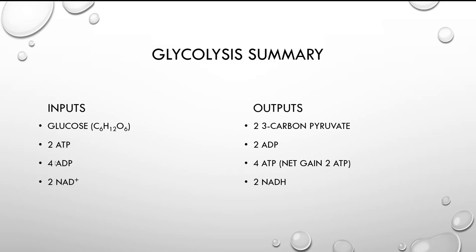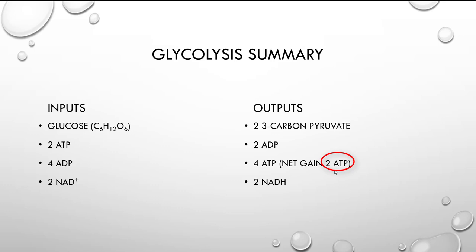And then we needed 2 NAD plus. Using the electrons from the glucose, we added those electrons to the NAD plus to form the electron carriers NADH. So here are our outputs, and notice from the outputs, we ended up with a little bit of ATP as a net profit.